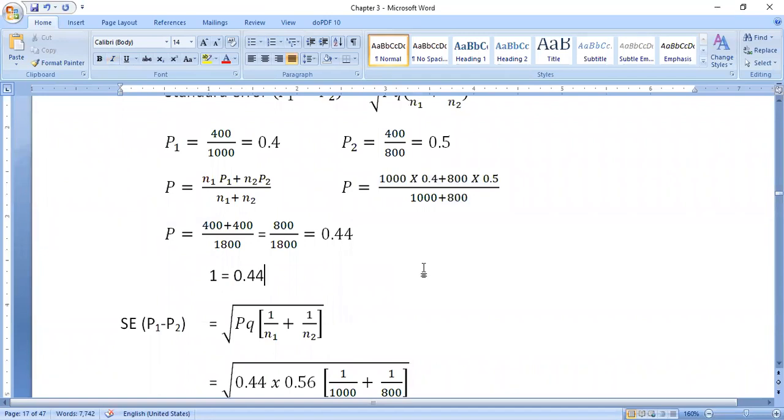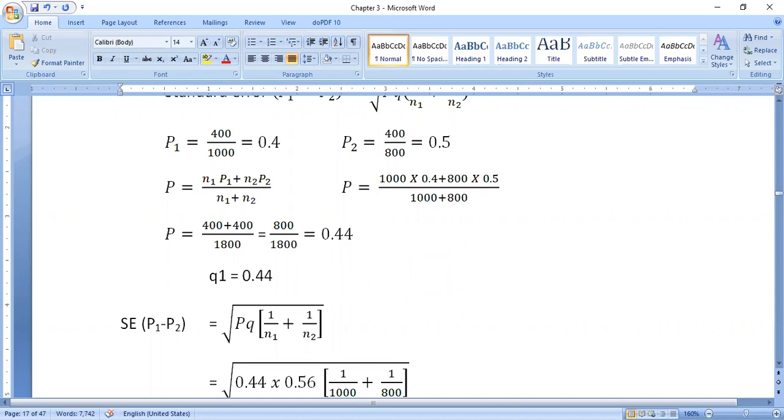Then immediately we need to get the value of Q. After getting the P value, the probability of success, it is very easy to get the probability of failure.